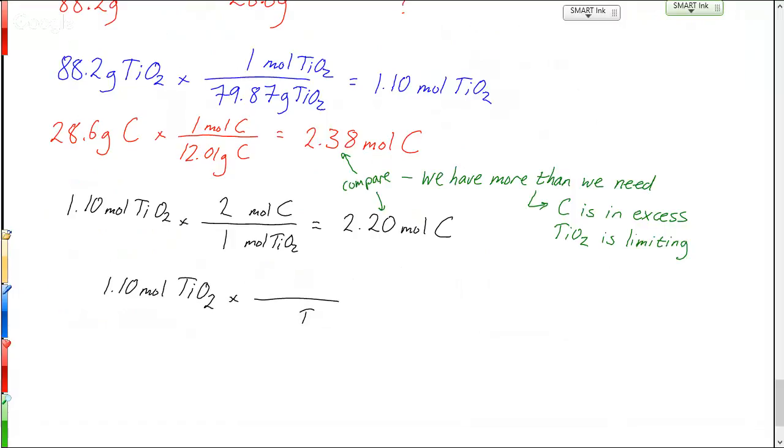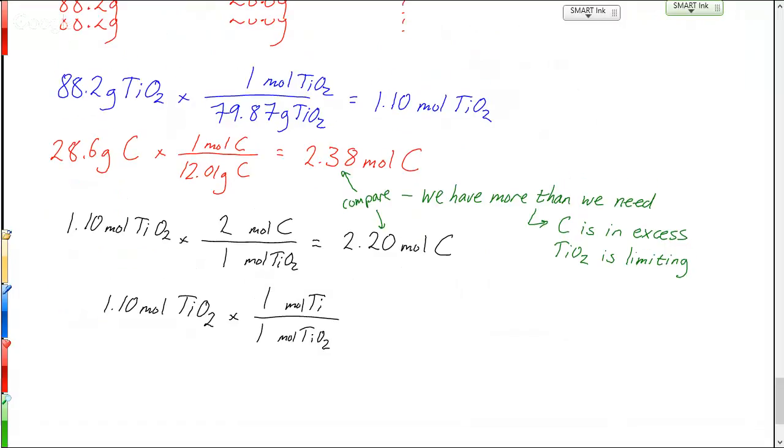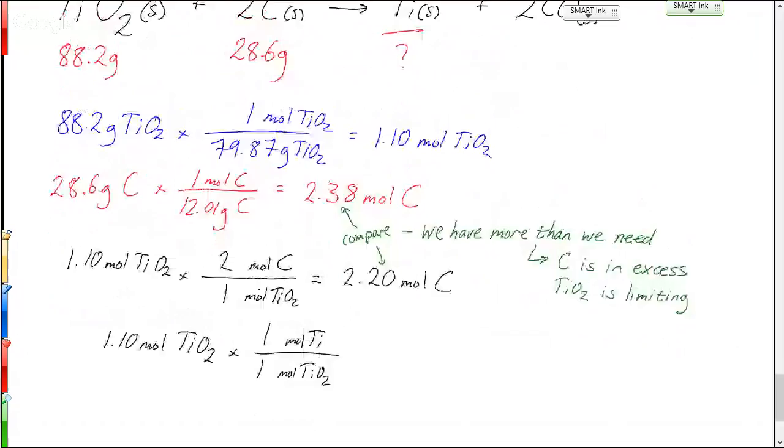So this time we want to go from TiO2 to Ti, because that's what the original question was asking. I think that's 1-to-1 in this equation. Yep. So then we can put in that molar mass too to get our final grams of Ti.